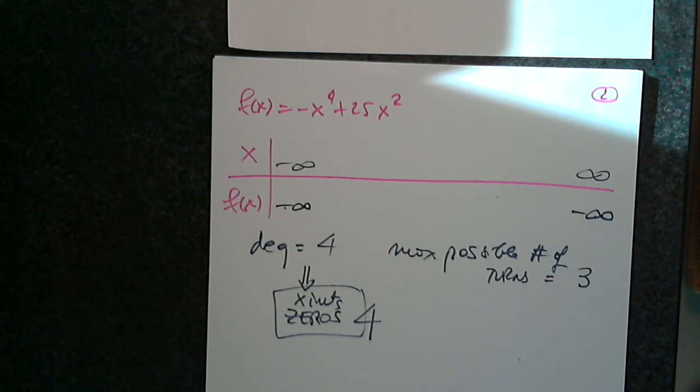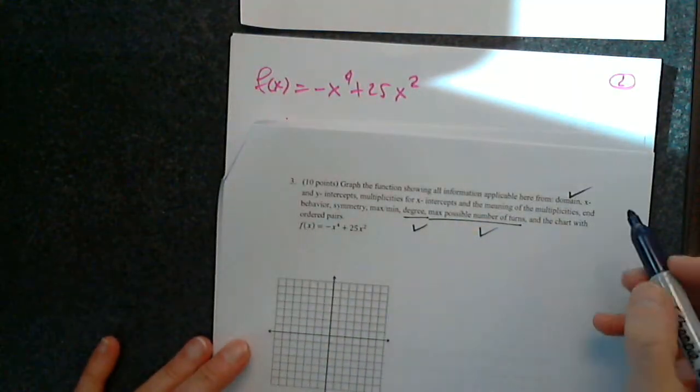Even degree with a positive leading coefficient. That's all you need to remember. Then even degree with a negative leading coefficient. That's all we need to remember. So that would just be the end behavior. We have the end behavior done.